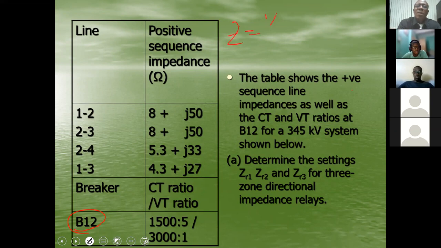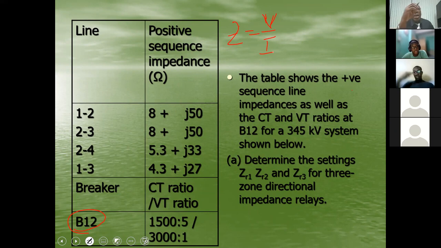would be equal to V over I. But remember now that this current and this voltage are being supplied by your VT and your CT. All right?